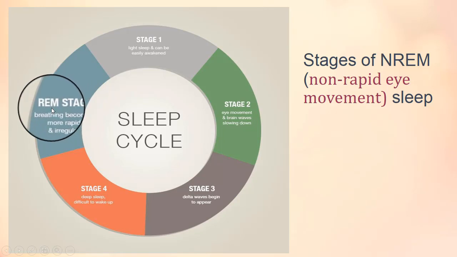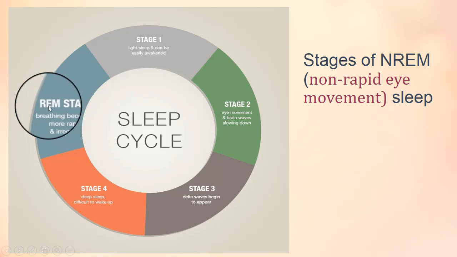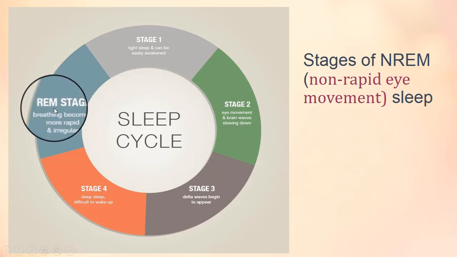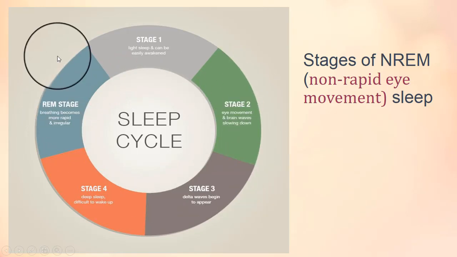In this phase, there is an increase in eye movement, blood pressure and temperature. Brain waves speed up, dreaming occurs, muscles relax, heart rate increases, and rapid and shallow breathing will be there. So this was all about the 5 stages of the sleep cycle.